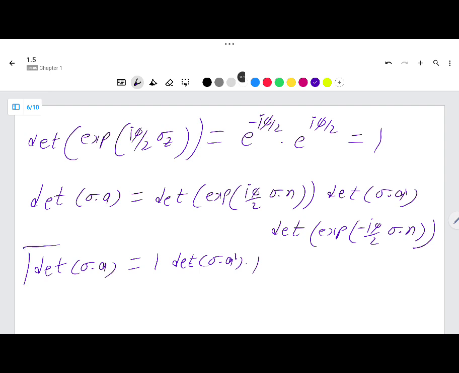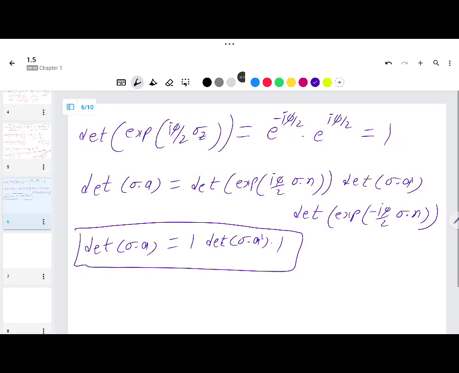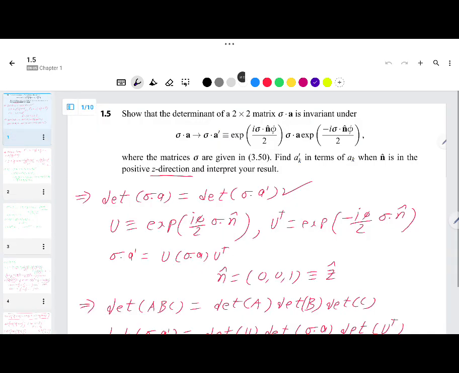We proved the first part. We were able to show that this determinant is invariant under this kind of transformation. And now we need to find these new terms with respect to the old ones.